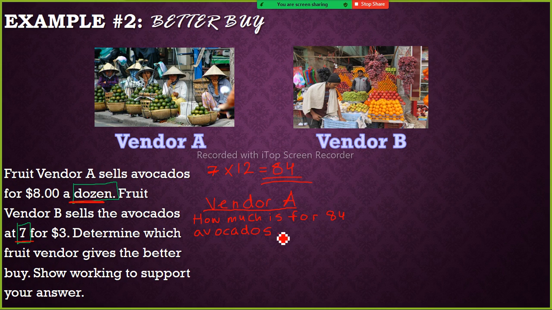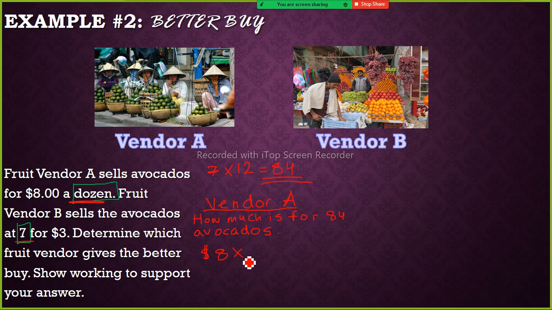So how are we going to do it? We know that for vendor A, it's $8 for 12, right? So how much is it going to be for 84? We know $8 for 12, so how much for 84? It's going to be 8 times what? 7. 8 times 7. Very good.